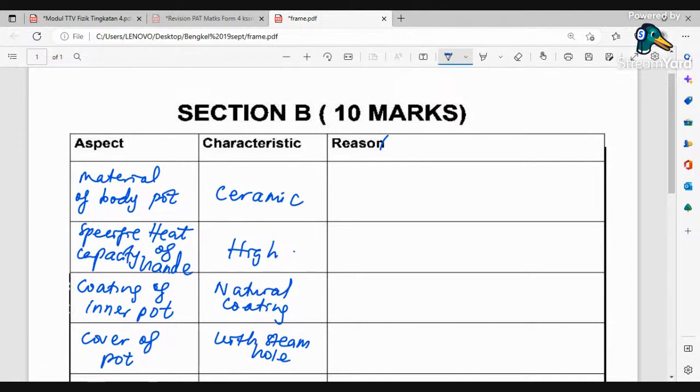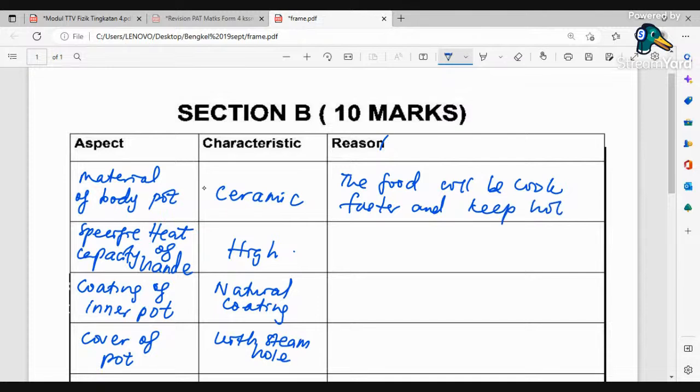Okay, ceramic. The food will be cooked faster and keep stays hot lah.